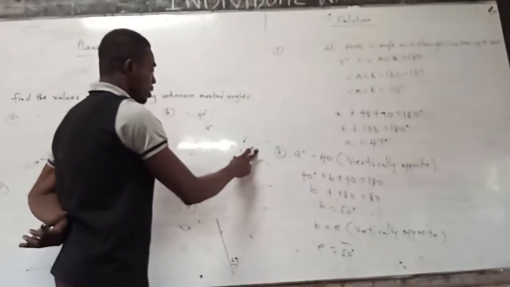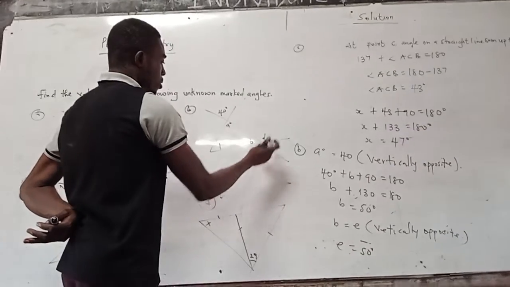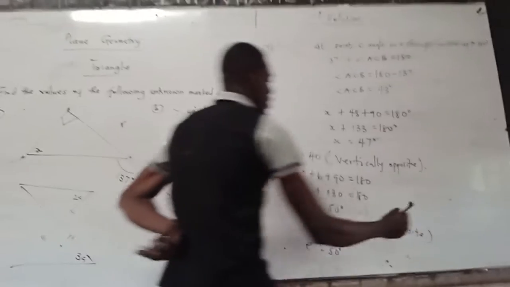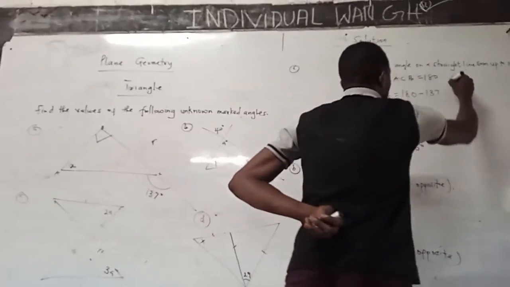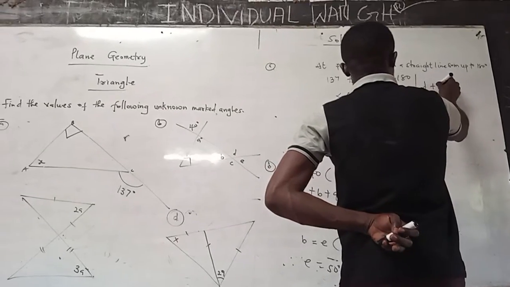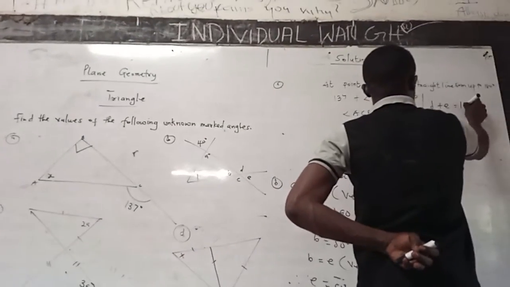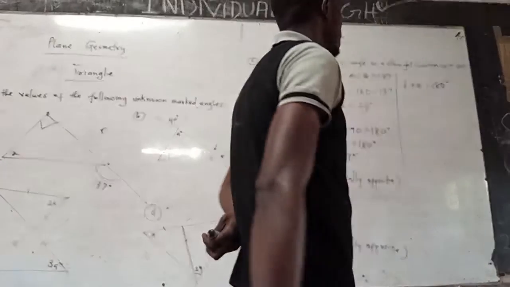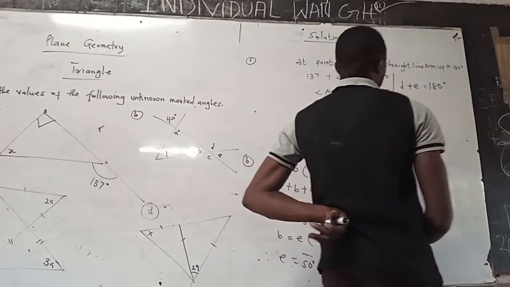Once you have this, you can find the angle on the straight line. So D, if you create a line here, D plus E is equal to 180. We said that it is a line angle or supplementary angle.